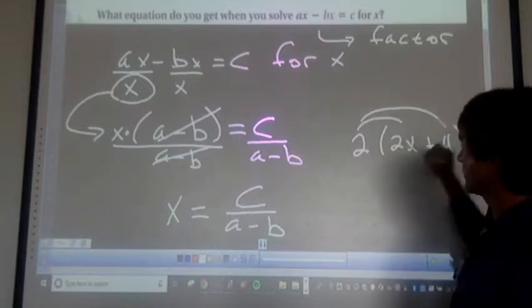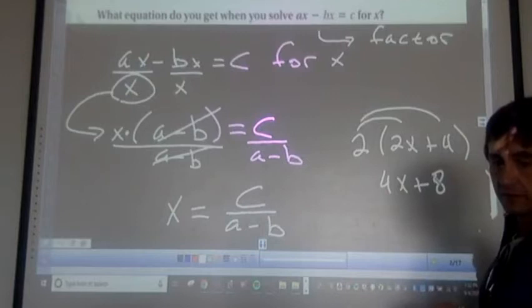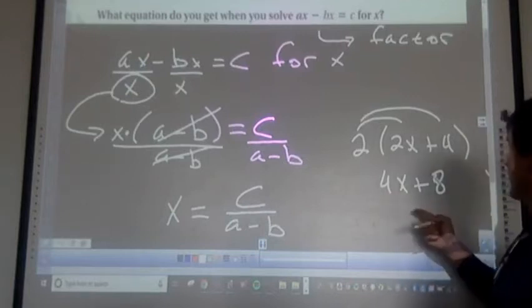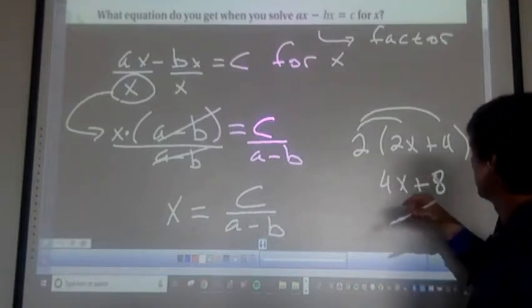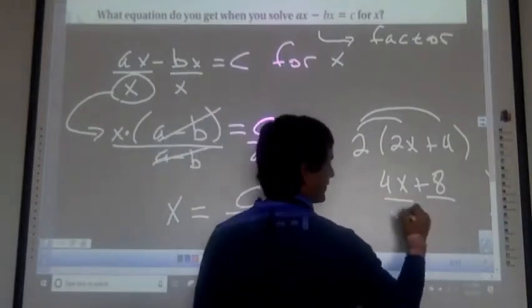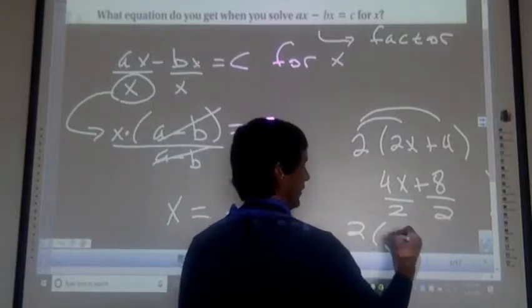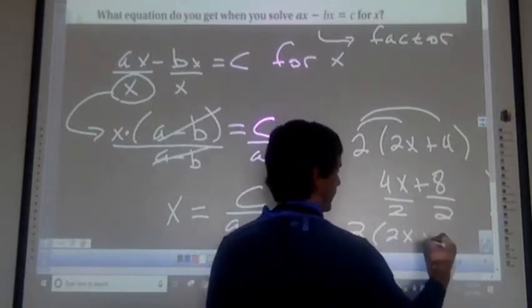So if I go opposite direction, I'd have 4x plus 8, right? Yeah. And if I want to get, well, I could divide, I shouldn't have done 2 here. Just to go back the other way, you'd factor out the 2, and then we end up with 2x plus 4.